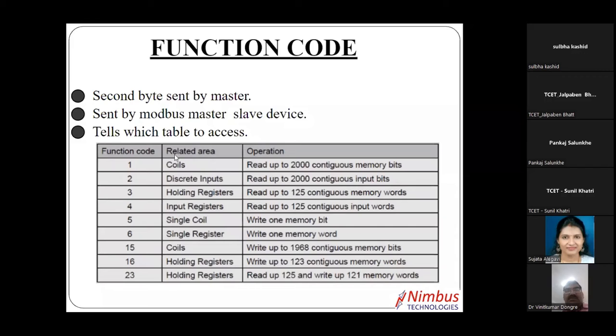If the host wants to read digital data, it reads the coil or contact register. If the host wants to read analog data, it may read the holding register or input register, like that. That function code is mentioned in the request.